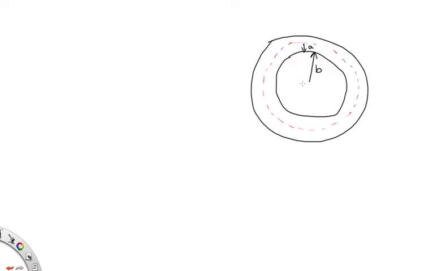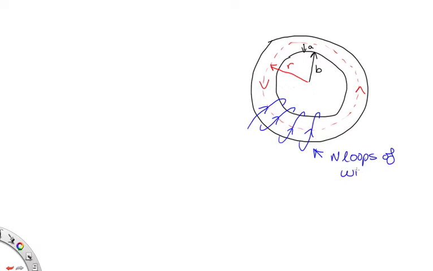So let's draw a loop with radius r inside the toroid. We'll choose a direction like that. And to make this a toroid, we have a wire flowing current around the outside. So the current's flowing like this. We've got n loops of wire. And what we want to know is what is B inside the toroid.